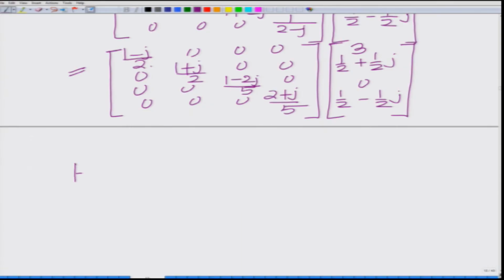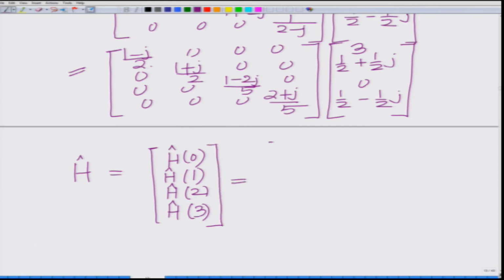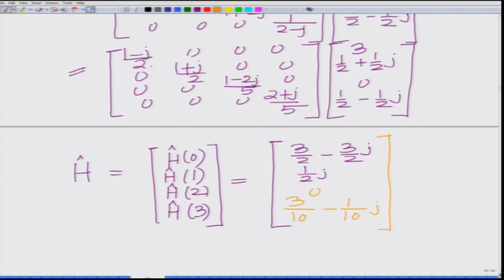and you can clearly see that your h hat, a vector of estimates of the channel coefficients across the subcarriers, is equal to, well, 3 by 2 minus 3 by 2 j, and half j, and this is 0, and this is 3 by 10 minus 1 by 10 times j, all right.